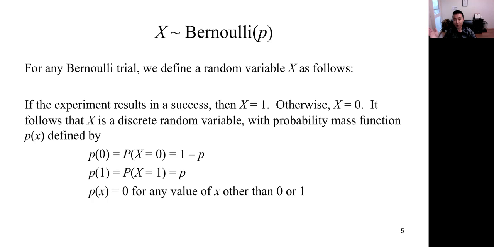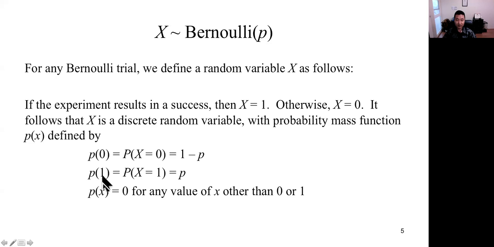And the probability mass function, PMF, is defined here. p(0), the probability for X equal to 0, which is failure, is equal to 1 minus p, because p is the success rate.